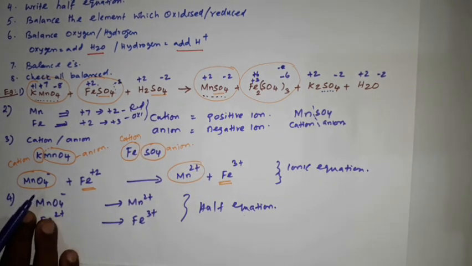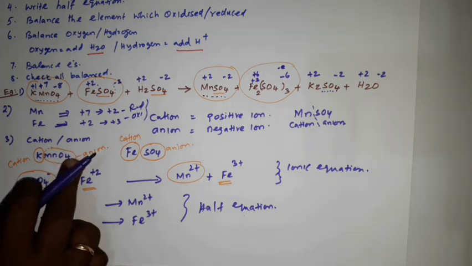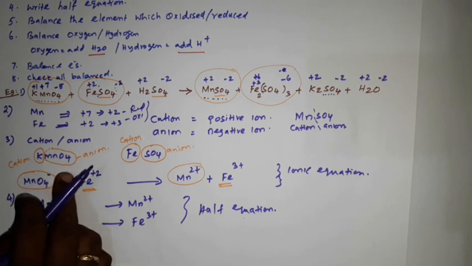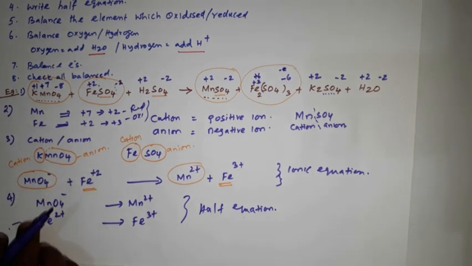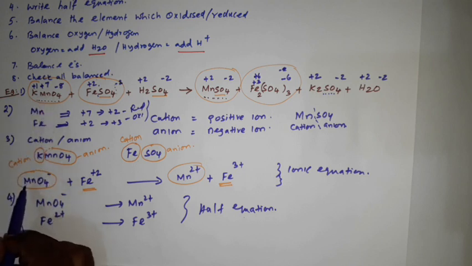Now in step 3, identify which is cation and which is anion, and in cation which is oxidized and which is oxidized in anion. According to that, write the ionic equation. In step 3 we are writing the ionic equation because we are going to identify which is oxidized and reduced in ions. In KMnO4, MnO4 is showing change in oxidation number, so we are selecting MnO4.